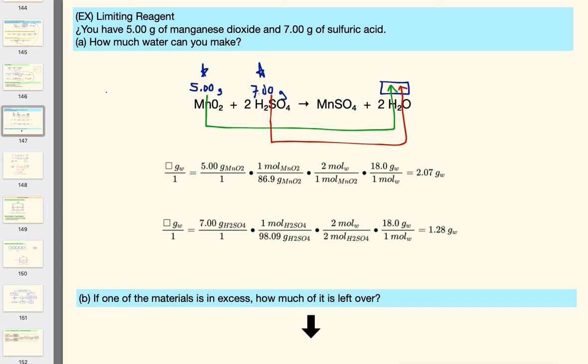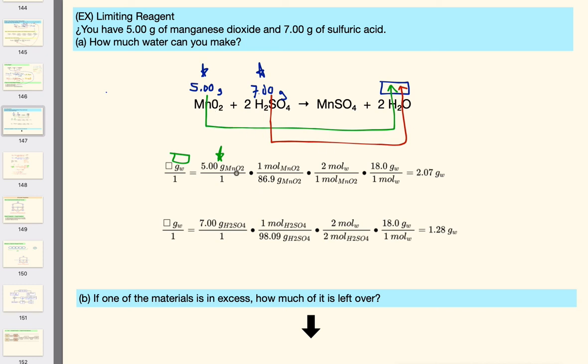Okay, let's walk through it. Let's do the green one. How many grams of water do I get starting with 5 grams of this? So I'm going to work the green line now.